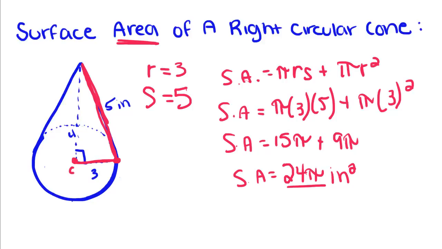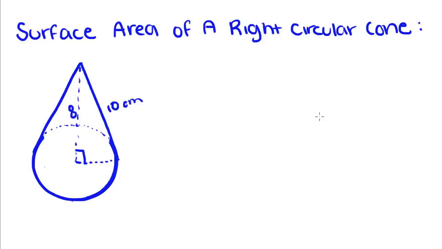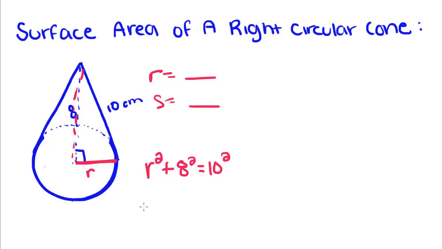So we're going to do one more example. So r equals, s equals. Our r right here is unknown. To solve for our r, we're going to use the Pythagorean theorem, which says that a squared, which is r squared, plus b squared equals c squared.